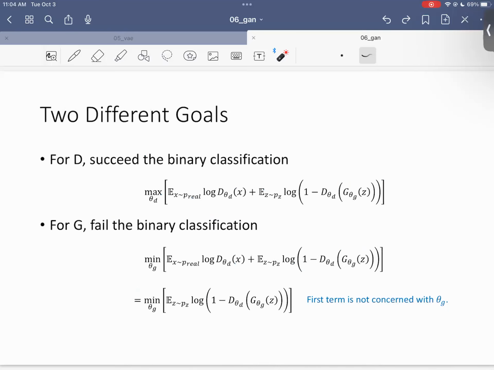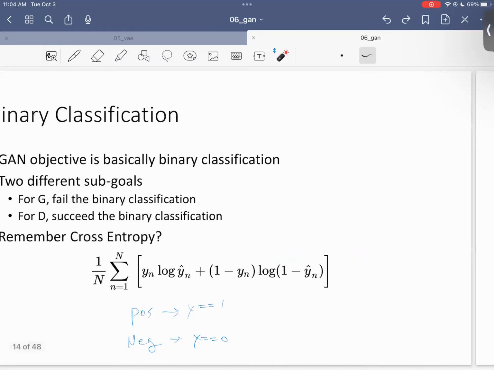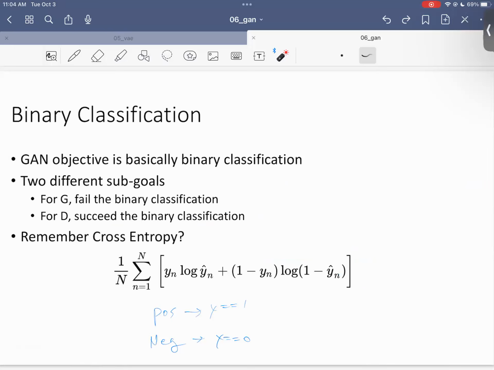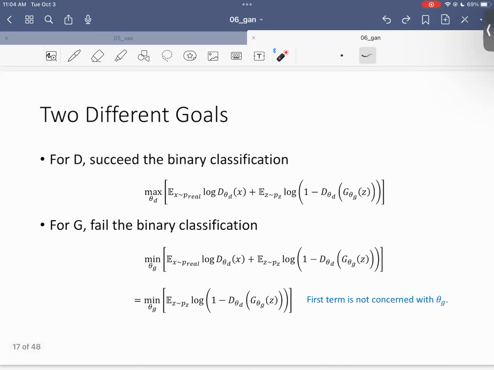So for D, as I said, they have conflicting goals. G needs to fail, and D needs to succeed. So going back here, D needs to succeed at the binary classification, so we want to maximize the cross entropy, right? With theta_D, the discriminator parameter, we want to manipulate the discriminator so as to maximize this cross entropy, or succeed at the binary classification.